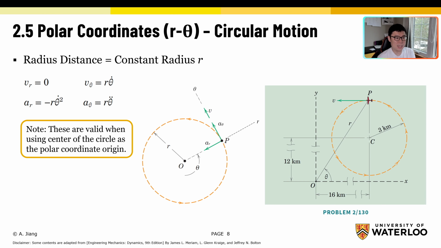For example, in this case, the origin is not at the center of the circle, the origin is O and the center is at C. Then these simplified equations cannot be used. We will have to use the generic equations we derived on the previous page to treat this type of problem. So be careful. You can use simplified polar coordinate system equations for circular motion only when the origin is set at the center of the circle.